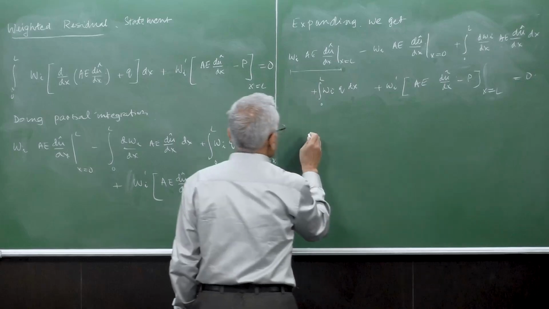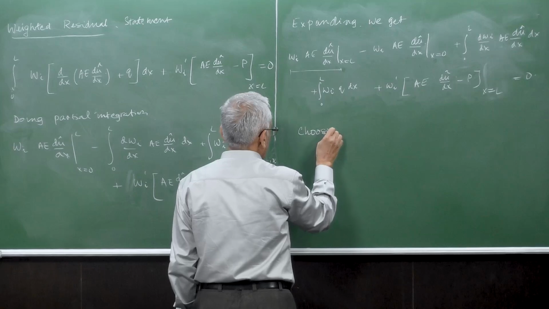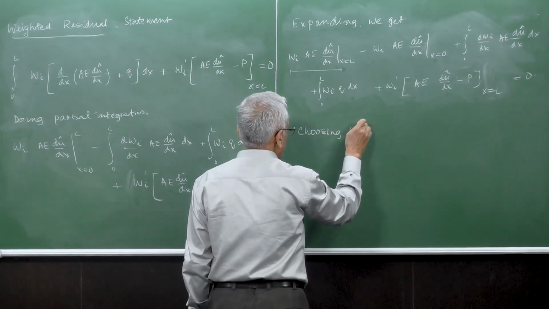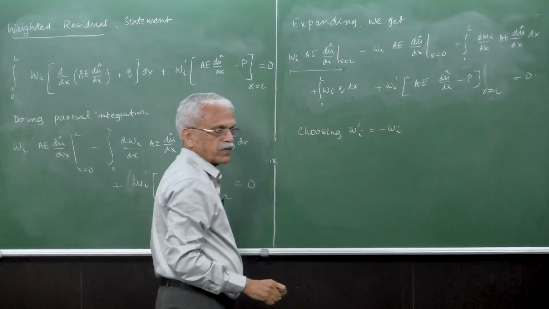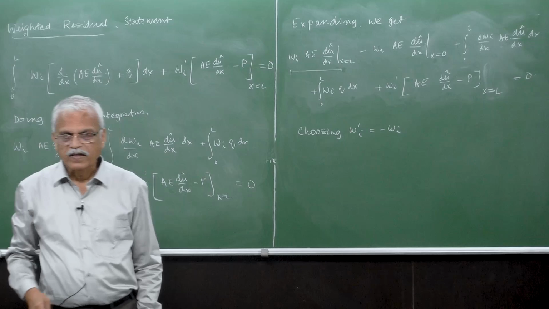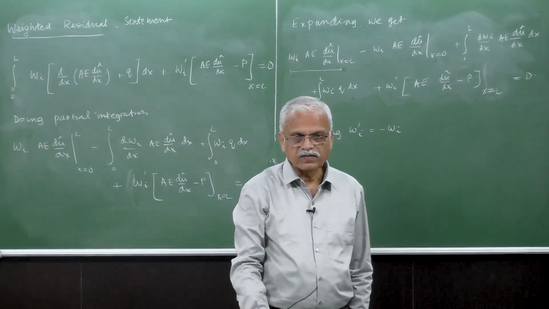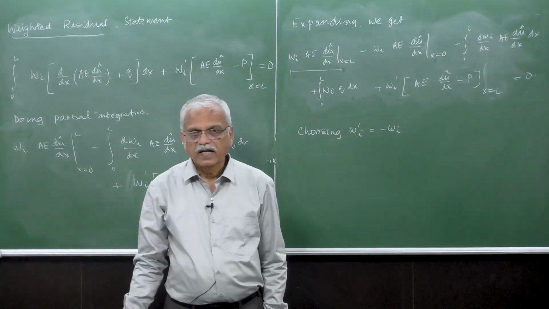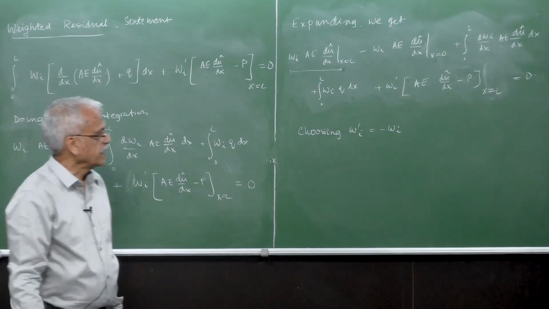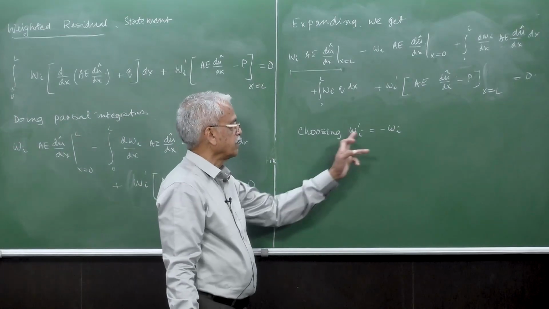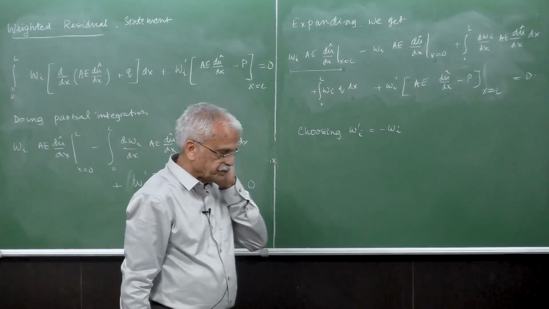So by choosing wi prime is equal to minus wi, it is not very difficult. Because wi is a complete set of functions, wi prime also is supposed to be a complete set of functions. So they can be chosen in such a manner that one is negative of the other. So we are not losing any generality here.